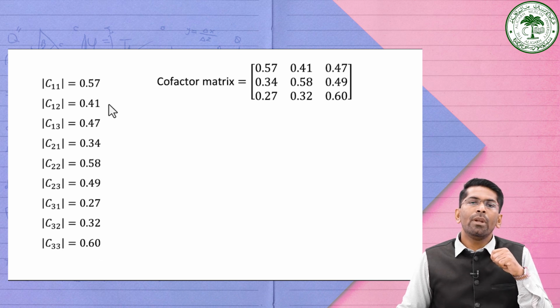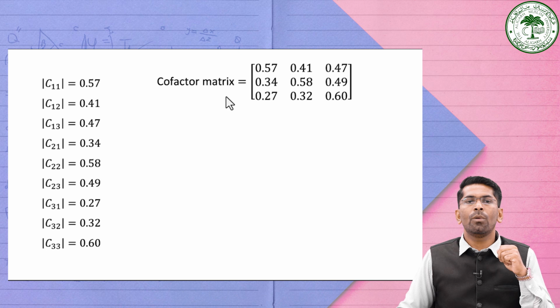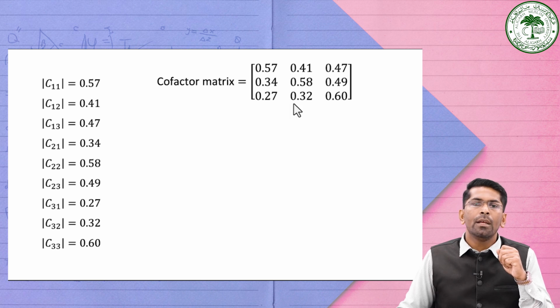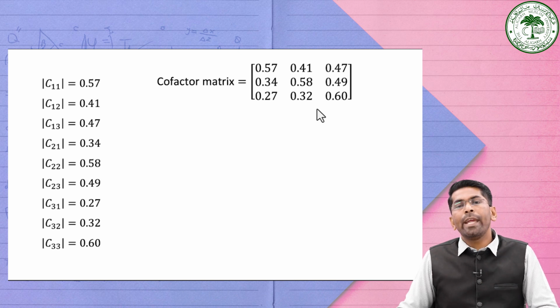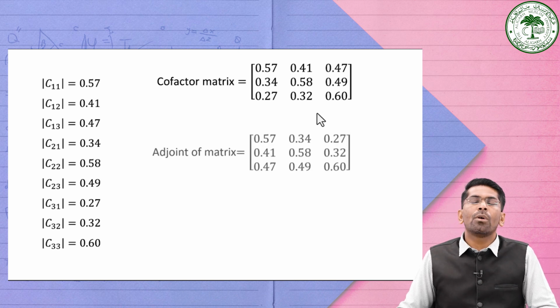So the cofactor matrix is equal to 0.57, 0.41, 0.47, 0.34, 0.58, 0.49, 0.27, 0.32, and 0.60. After finding the cofactor matrix, we can go for finding the adjoint matrix by interchanging the rows into the columns. That means we are going to take the transpose of the cofactor matrix.